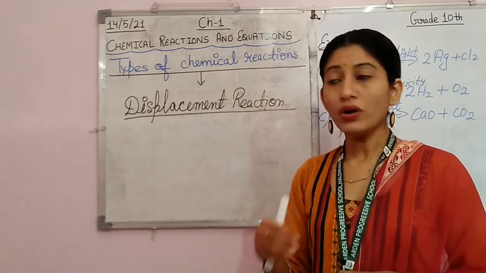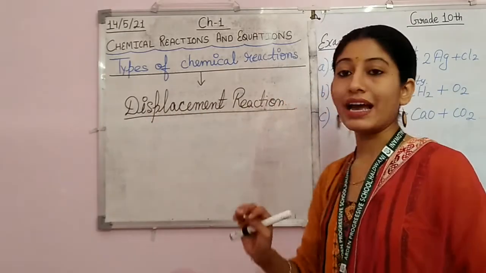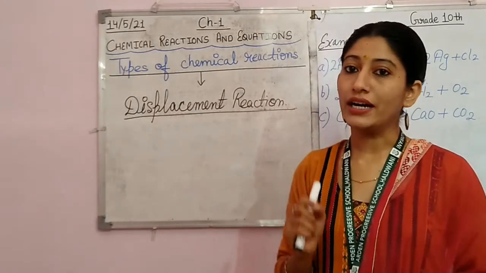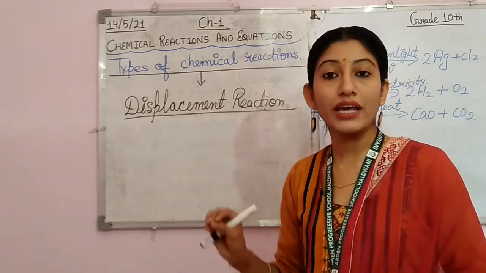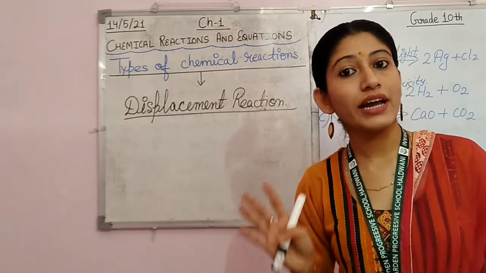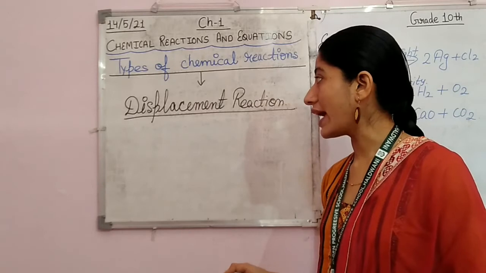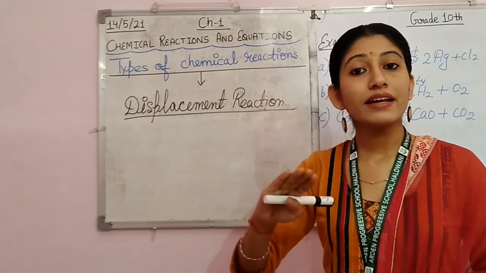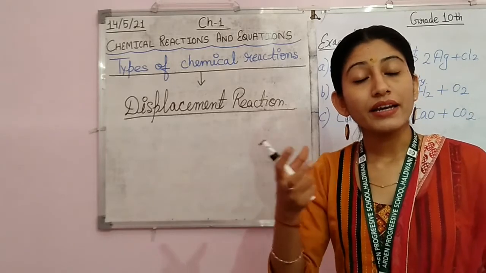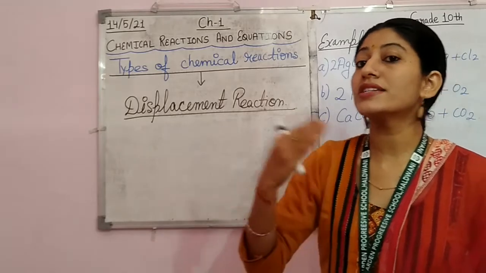So in this type of reaction, such a thing occurs according to the name. When you see things according to the name, you get half of the idea. So we come to know that in a displacement reaction, something takes the place of something and something is displaced.